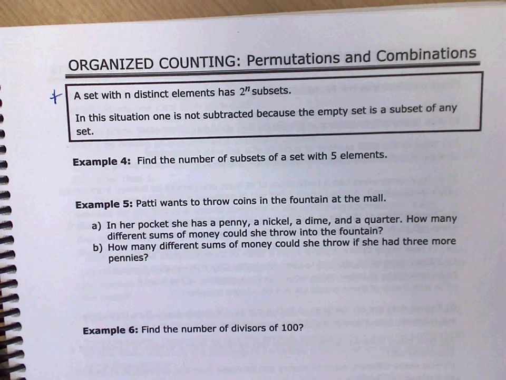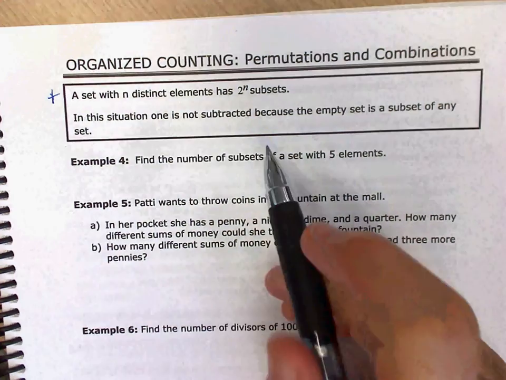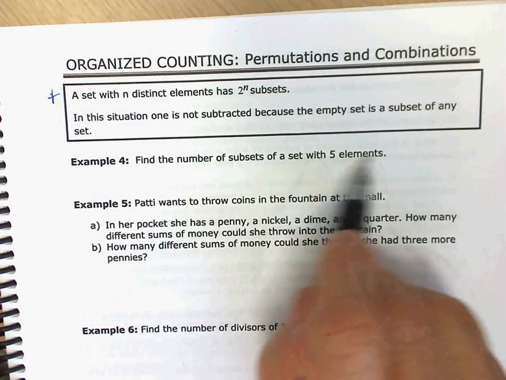A set with n elements has 2 to the n subsets. Find the number of subsets. I think we ran into this already, right?